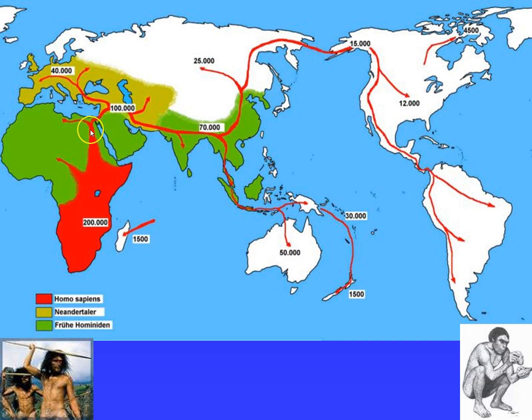And then out of Africa began the migration of how humans populated the rest of the world. So you have one group, the Neanderthals, 40,000 years ago, coming into Europe. 100,000 years ago, they're making their way across the Middle East and into South Asia.